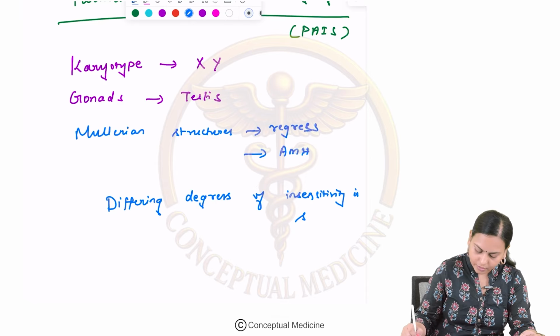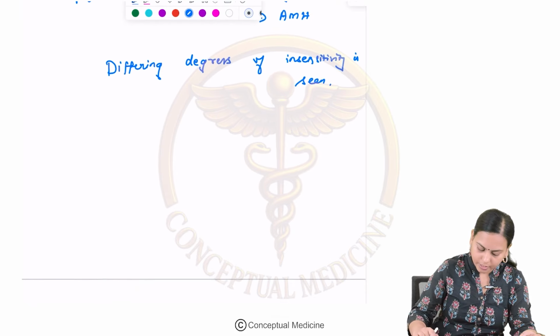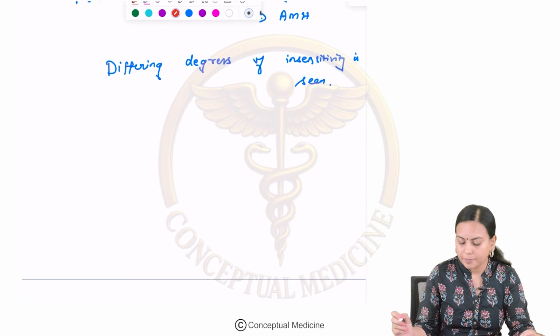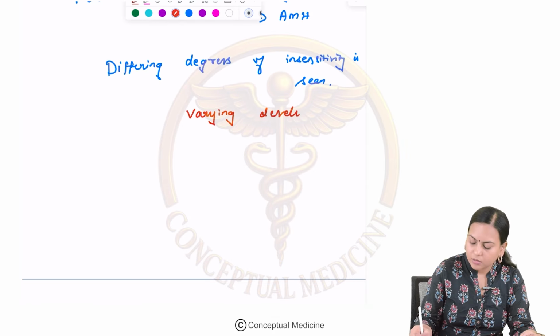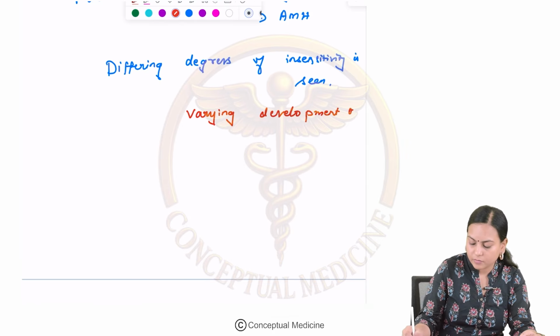Okay, that means there will be varying development of Wolffian ducts.